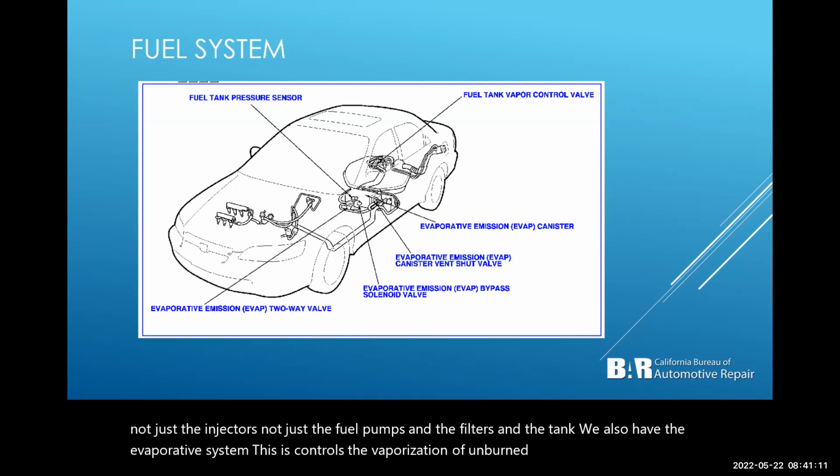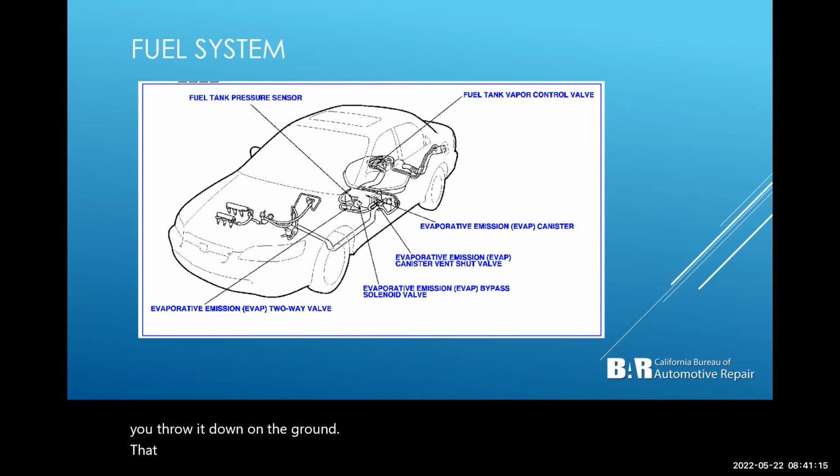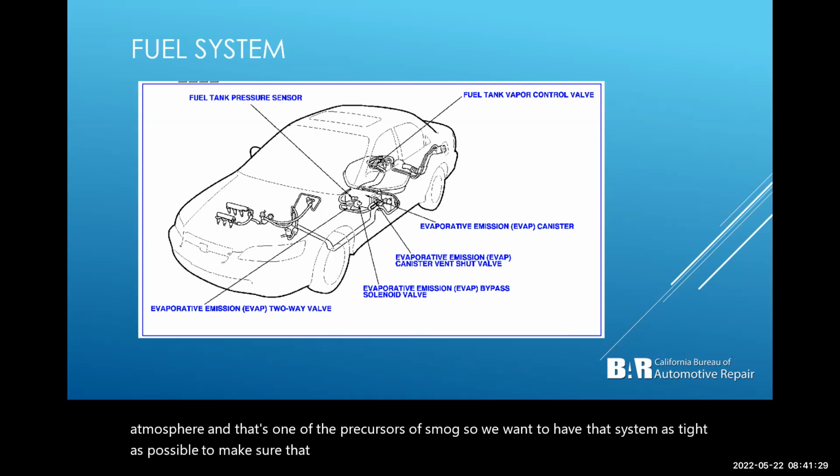So if you take fuel and you throw it down on the ground, that hydrocarbon is going to filter out into the atmosphere or rise up in the atmosphere. And that's one of the precursors of smog. So we want to have that system as tight as possible to make sure that we do not let that extra gas, that hydrocarbon, out into the air. So this is the part of the system that controls that.